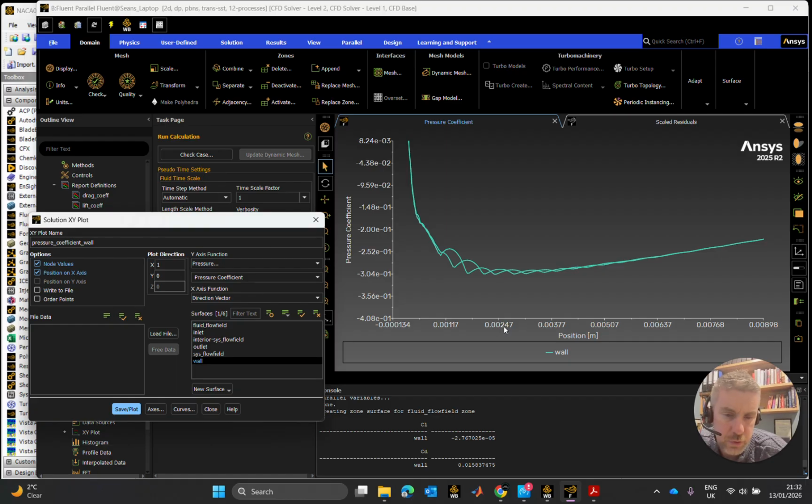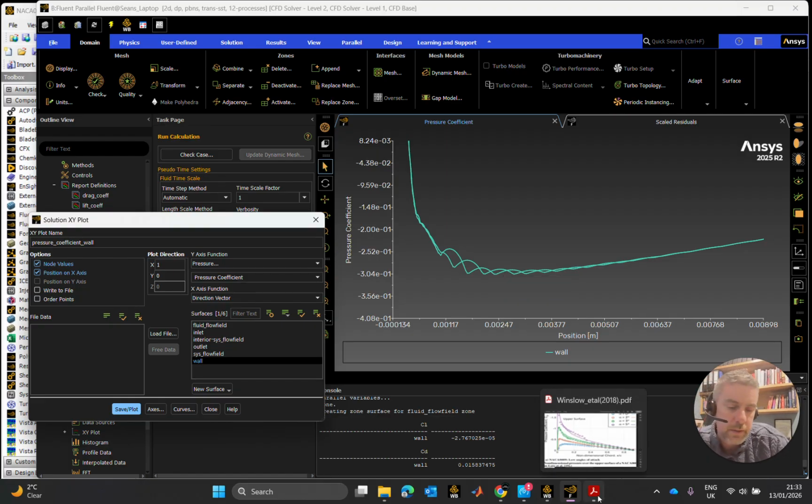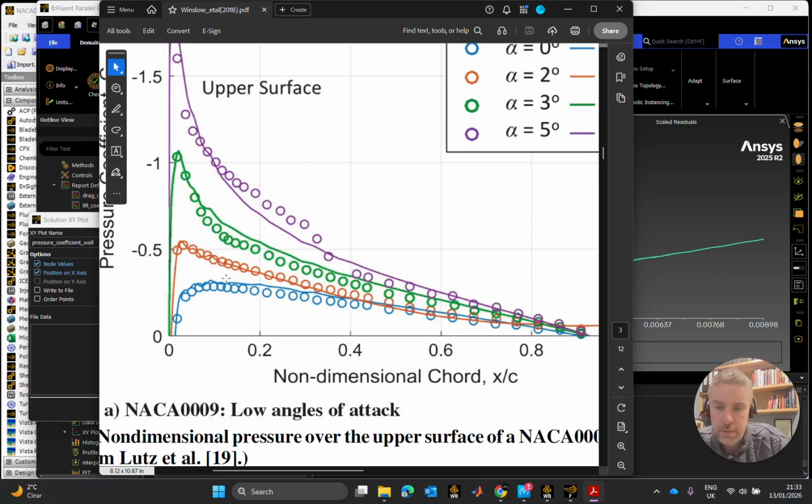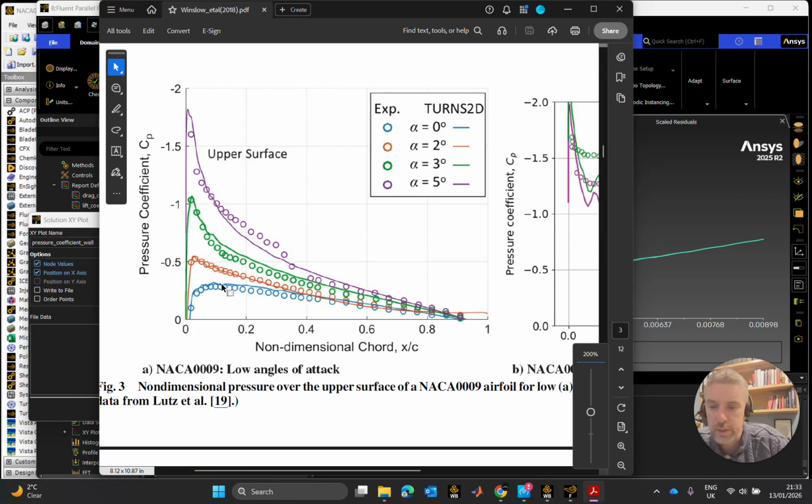Right, there's 2.4, and that's in meters. So I'm right on the money with what the experimental data shows, and what Winslow's own test shown here, the Torrance 2D test, has also shown, which broadly traced that as well. So everything is looking very positive for us as far as that goes.